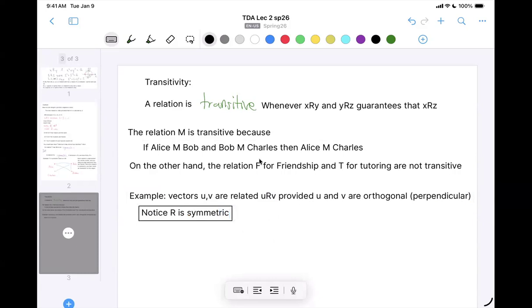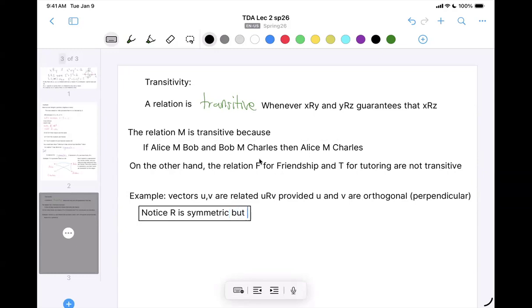But now, what do you think? Is it transitive? If vector U is perpendicular to vector V and vector V is perpendicular to vector W, is it the case that U is perpendicular to W? You're saying no. What is a counterexample? You could do the negative.